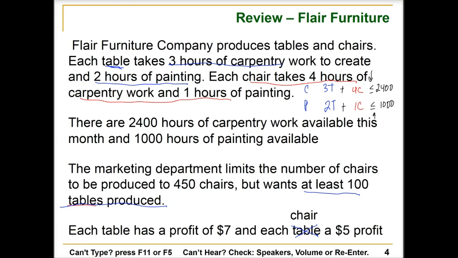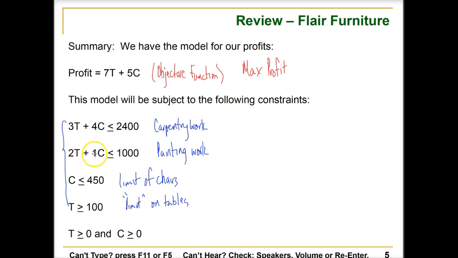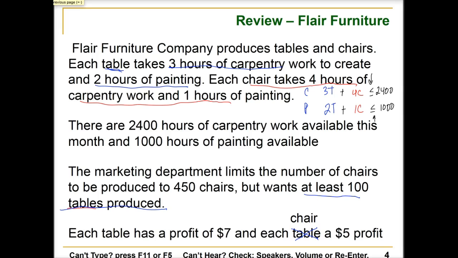So this is how we actually come up with these two inequality constraints. If we go back, we see here that for the tables, it says at least 100 tables. And we also have information that it limits the number of chairs to be produced to 450.